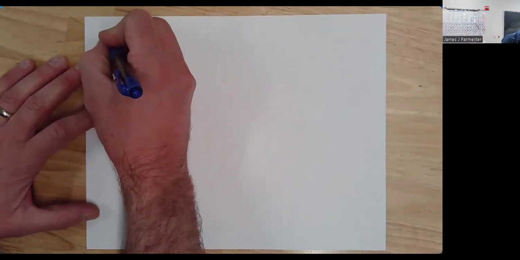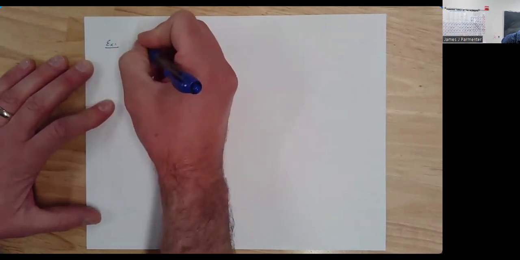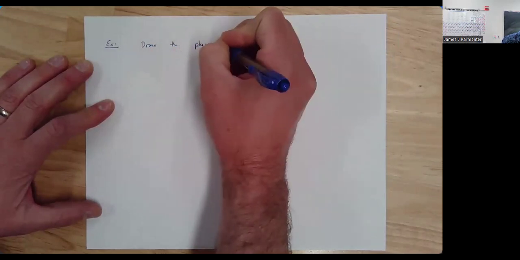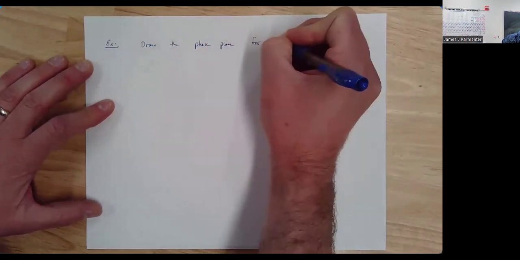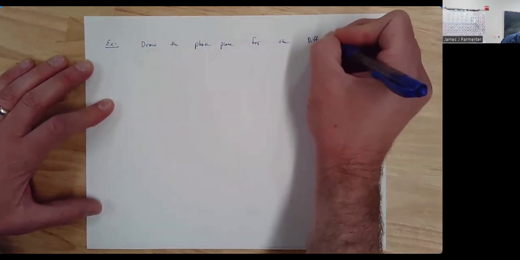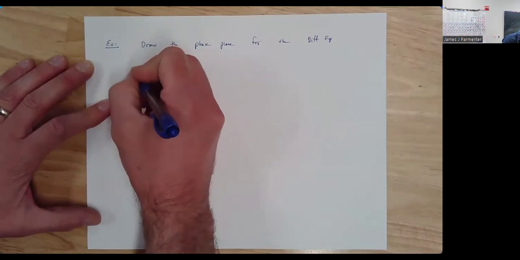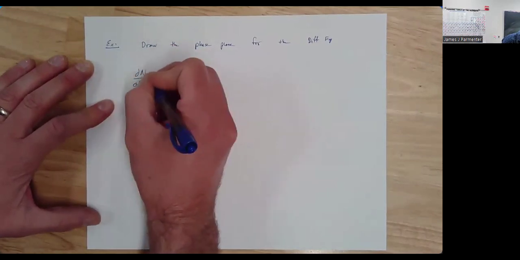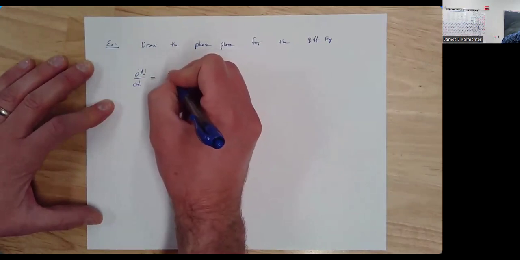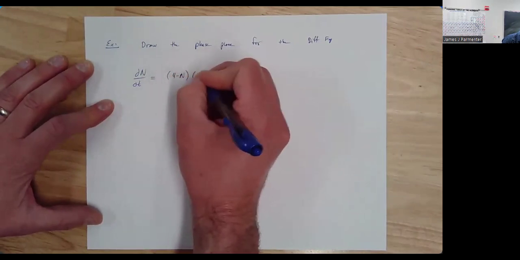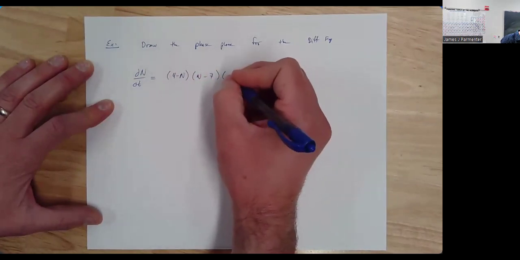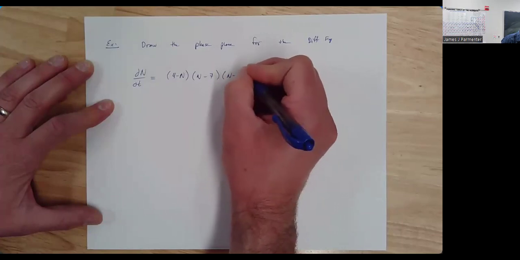Part 1, draw the phase plane for the differential equation dn/dt equal to, I'm going to make it a little bit hard, 4 minus n times n minus 7 times n minus 1 cubed.